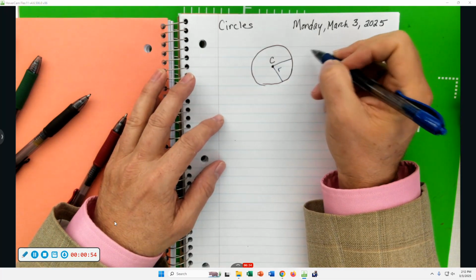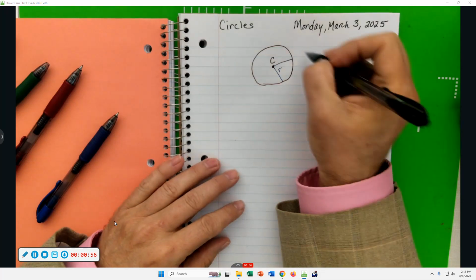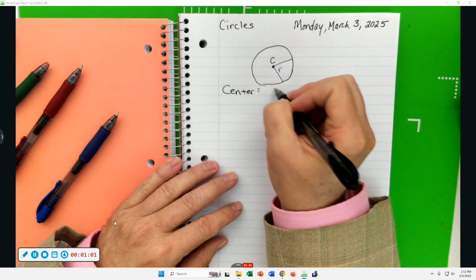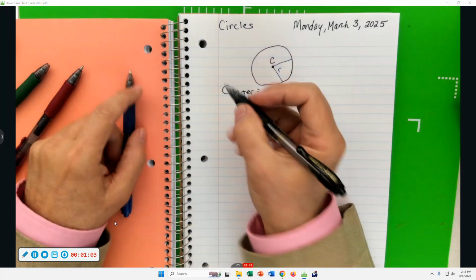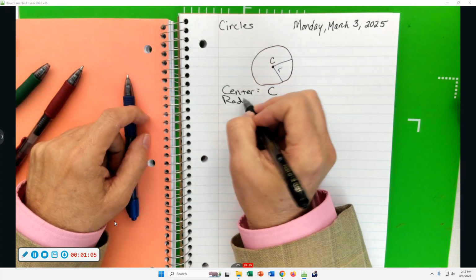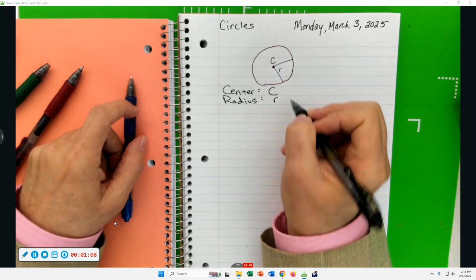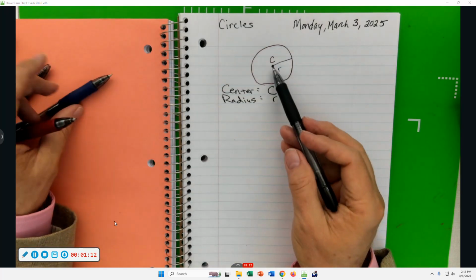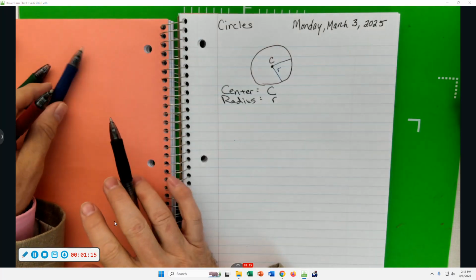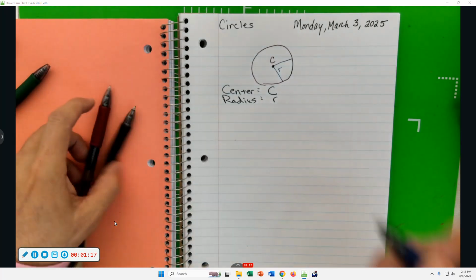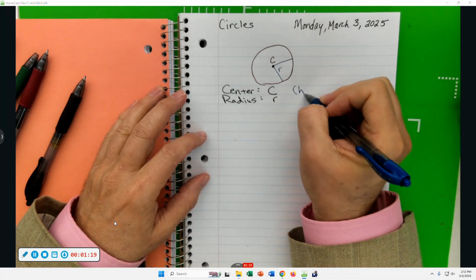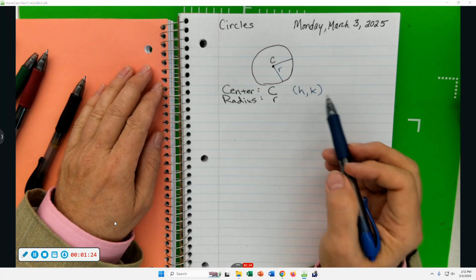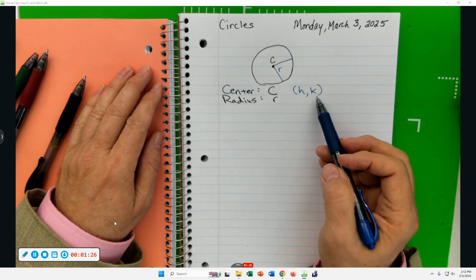So I'm denoting the center with the letter C, and the radius I'm denoting with the lowercase letter r. Now the center is an ordered pair. The standard ordered pair representation that's used for the center of a circle is h, k.